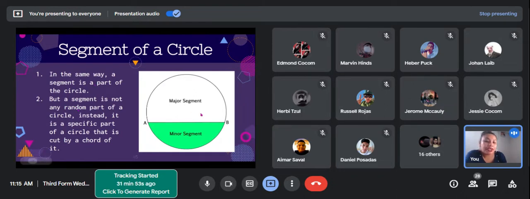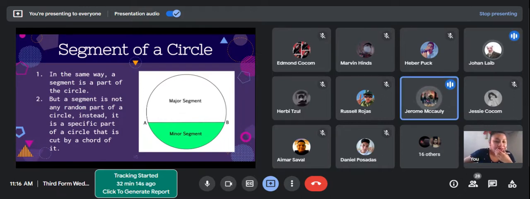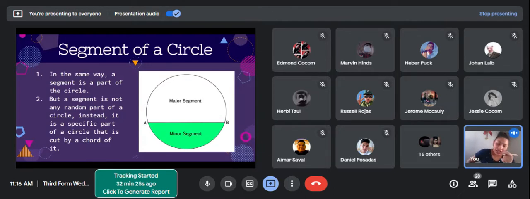When we're talking about a segment, is a half circle, let's say a semicircle, a segment? Yes or no? Let me repeat my question: if I give you a semicircle, half of a circle, is half of a circle the same thing as a segment?